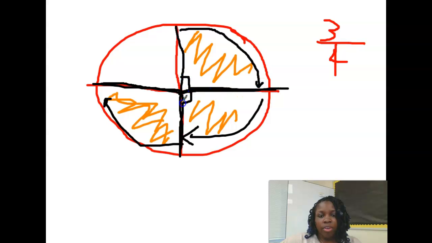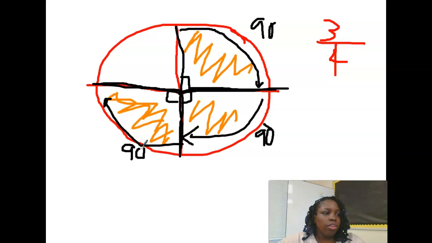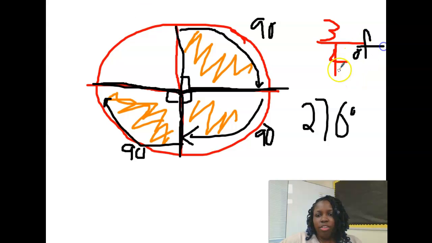How many degrees are in one right angle? Great, 90 degrees. So that's 90 plus 90 plus 90. How many total degrees is that? Good, 270 degrees. So 3/4 of a turn is 270 degrees.